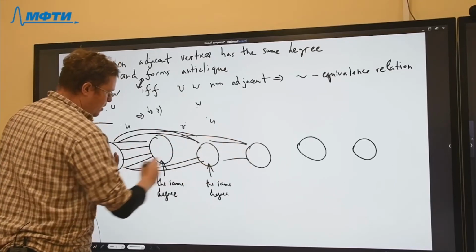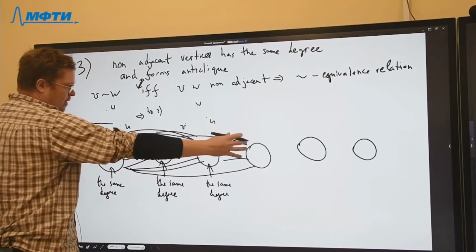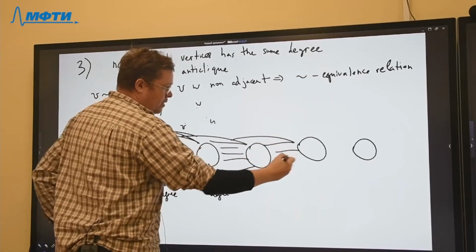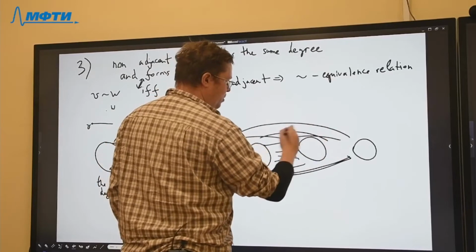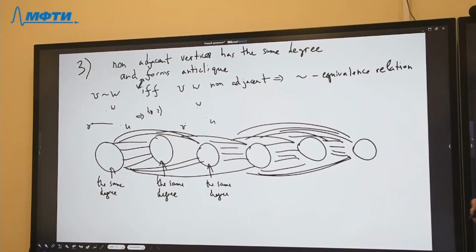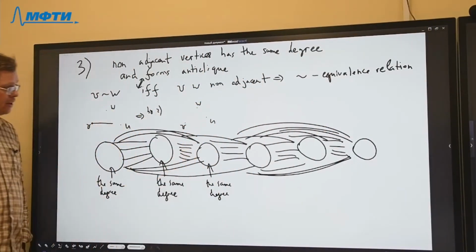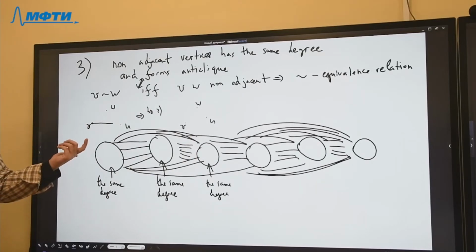Because if there were no edges between some two of these parts, then these two parts would be the same by the equivalence condition. So this is very similar to the Turán graph, but we need to be sure that they have the same number of vertices in each of these cliques. We have a similar construction, but now all we need to do is prove that.